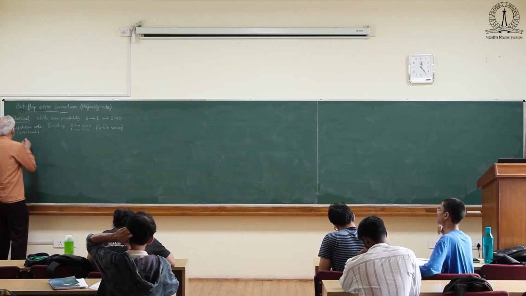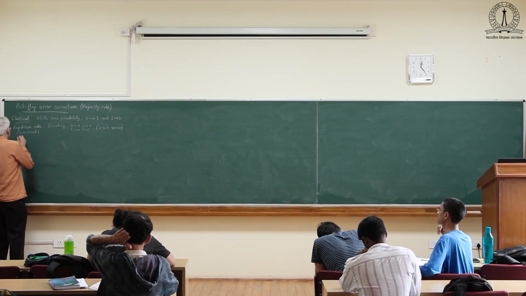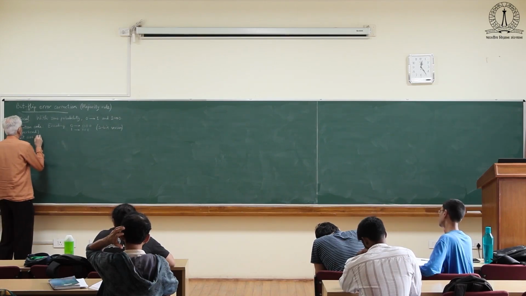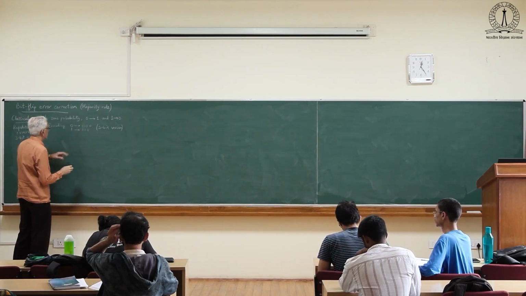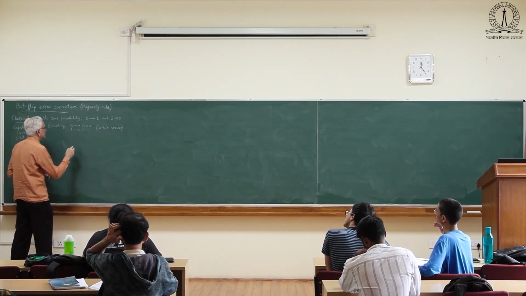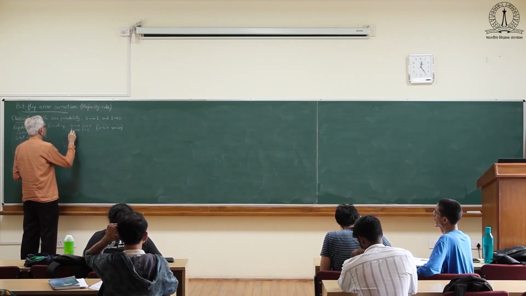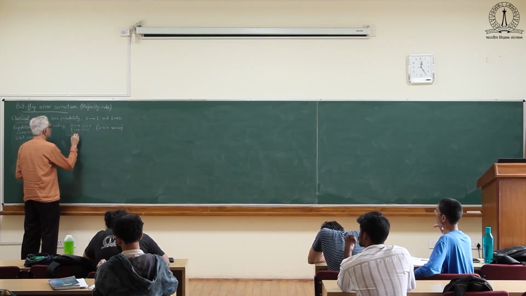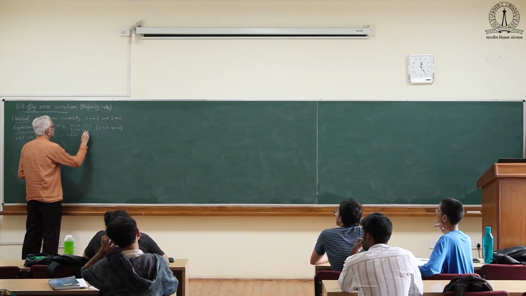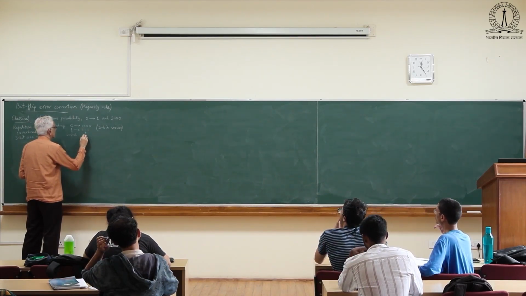So the 3-bit size makes this logic. So this is given a label. This is called a logical variable, and this is called a physical variable.